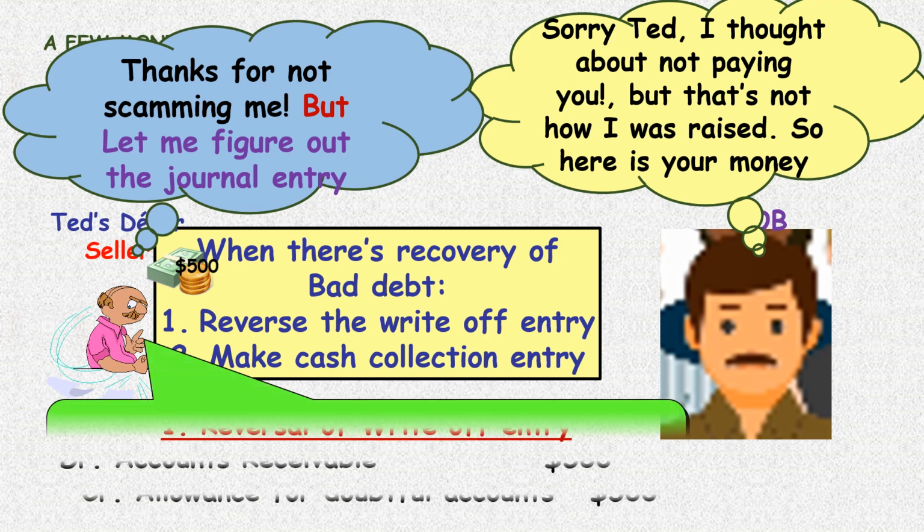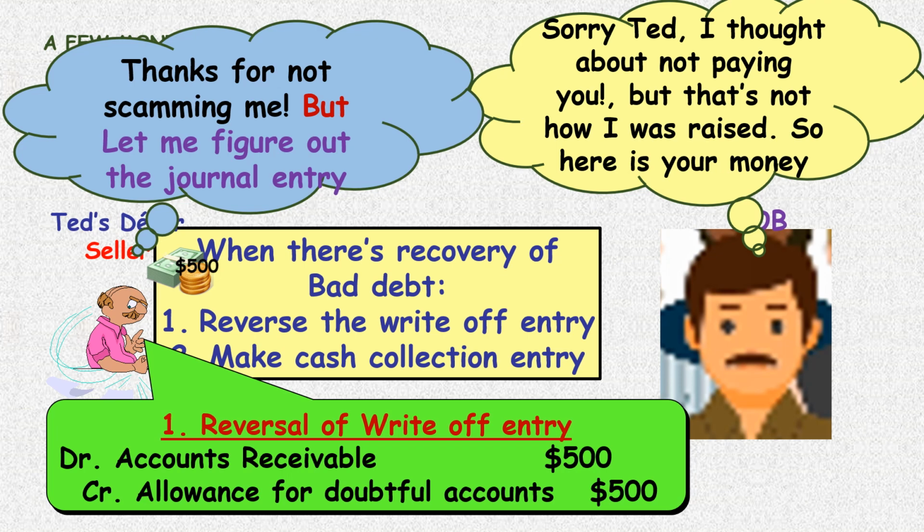So the entry would be to debit accounts receivable because that was credited in the write-off, and credit the allowance for doubtful accounts because this was debited in the write-off. So this entry will reverse the write-off entry, which means we are going to reinstate the amount as a receivable in our records.